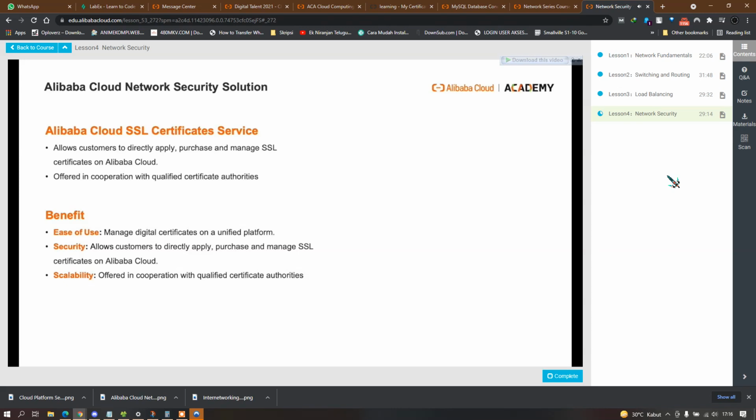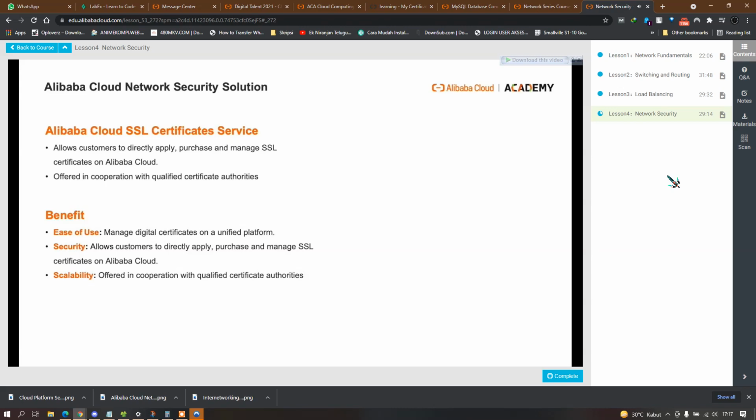And the second one is security. This platform allows customers to directly apply for, purchase, and manage SSL certificates on Alibaba Cloud. Okay. And the next one is scalability. It means that this platform can offer certificates in cooperation with qualified certificate authorities, just as I introduced previously, which means that you have more choices to apply for a certificate.